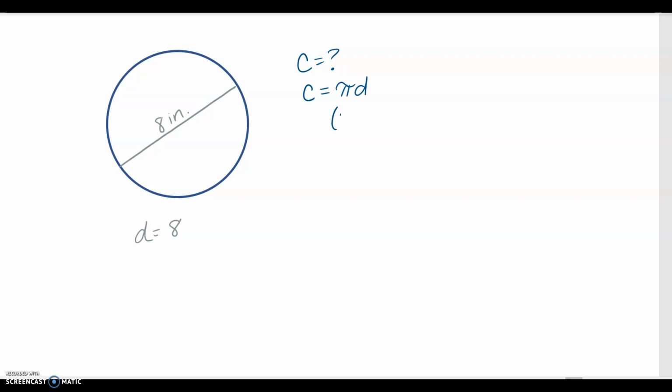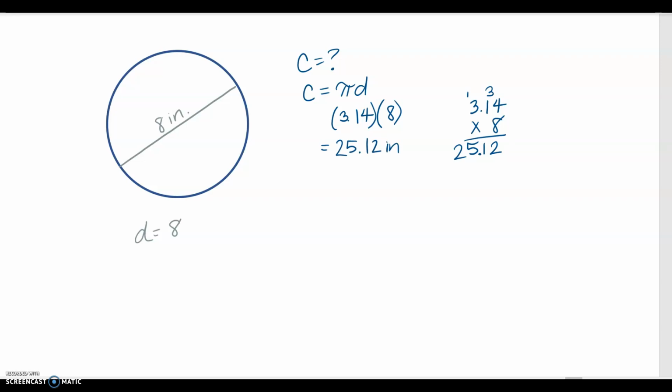I'm simply going to take my 3.14, plug in my 8 for my diameter, and multiply. 4 times 8 is 32, 3 times 8 is 24, plus 1 is 25, so 25.12. That's inches around the outside.